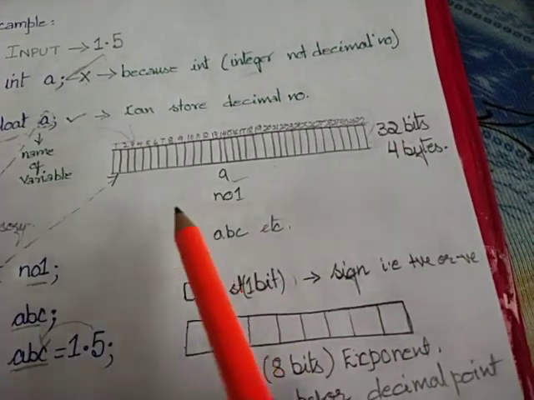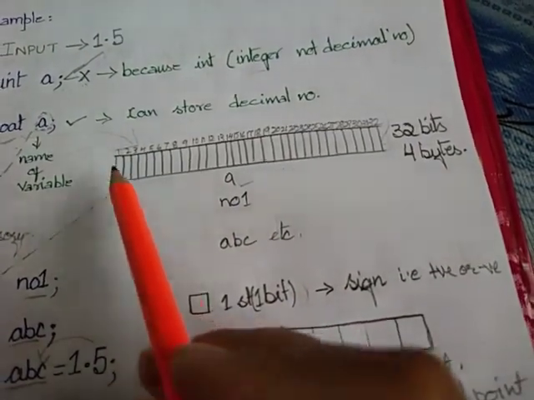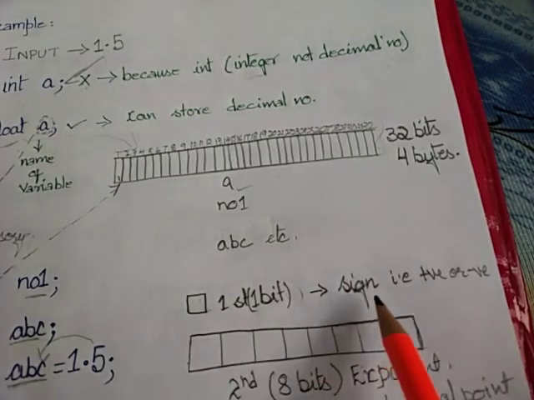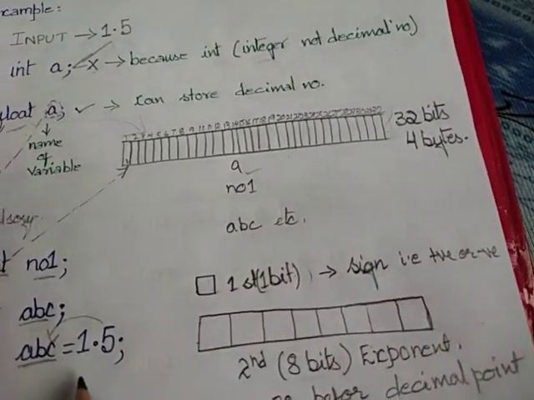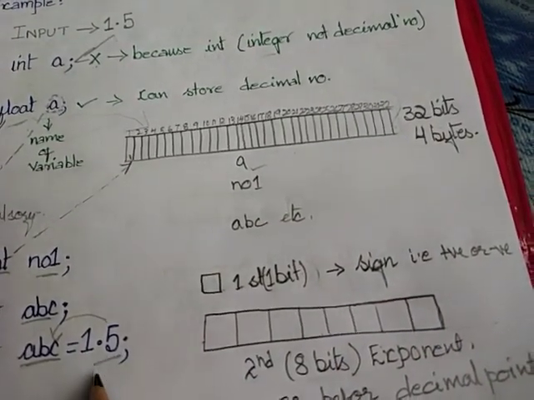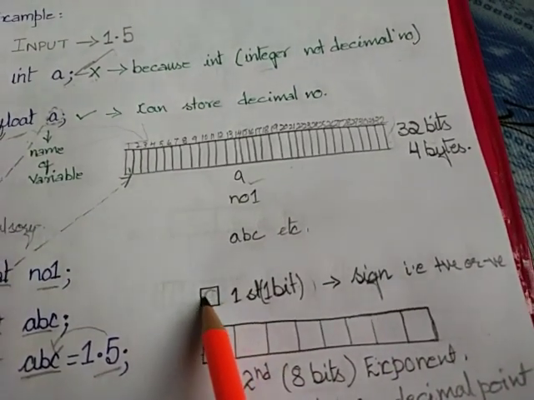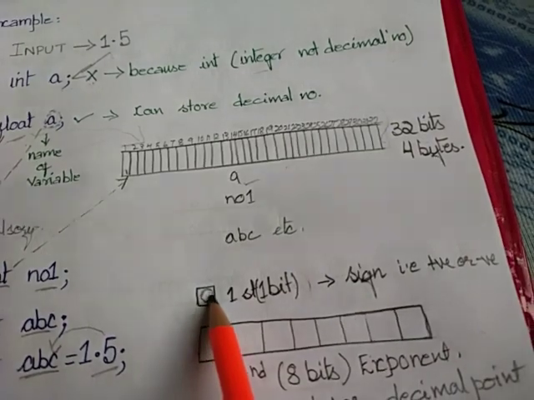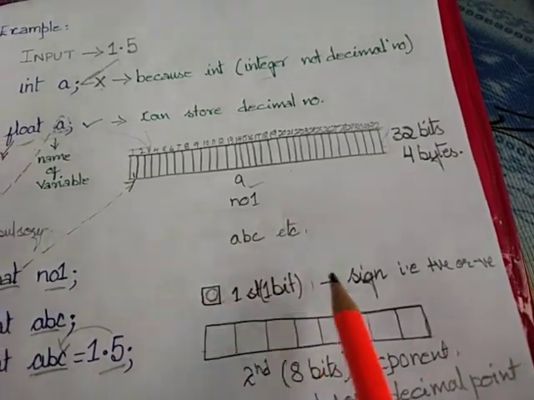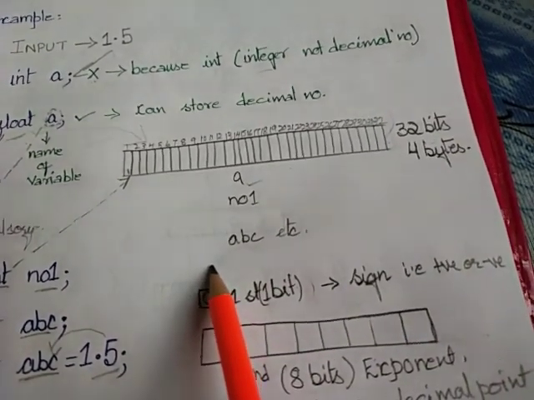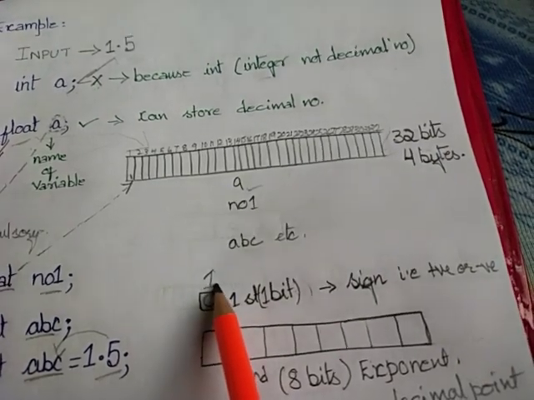The first bit, we store for the sign. That means whether this value is positive or negative. If it is positive, in the first bit it will be indicated by 0. But if it is negative, we will indicate it by 1.